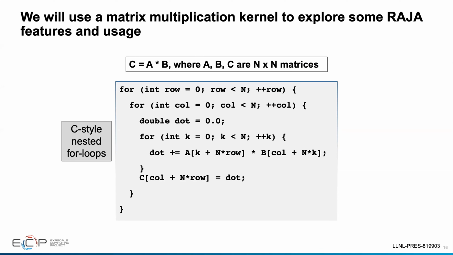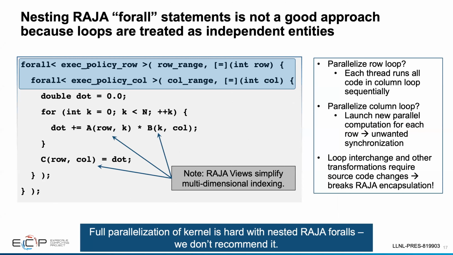The example I have here above is a simple matrix multiplication kernel, and it multiplies two square matrices A and B and stores the result in C. Building from the forall methods, we may be tempted to replace the outer C loops with RAJA forall methods.